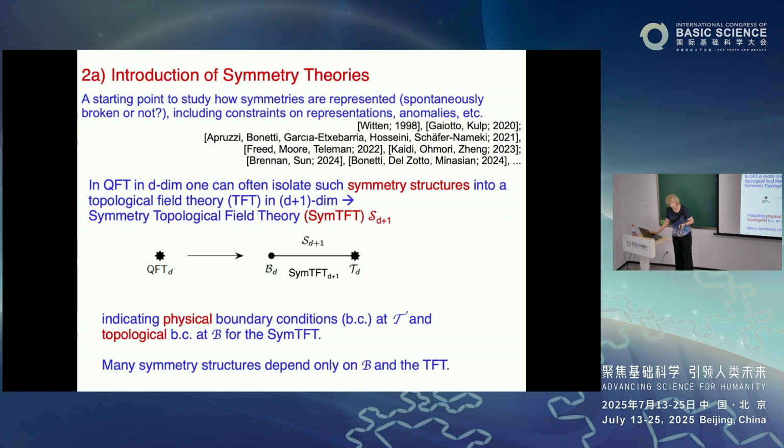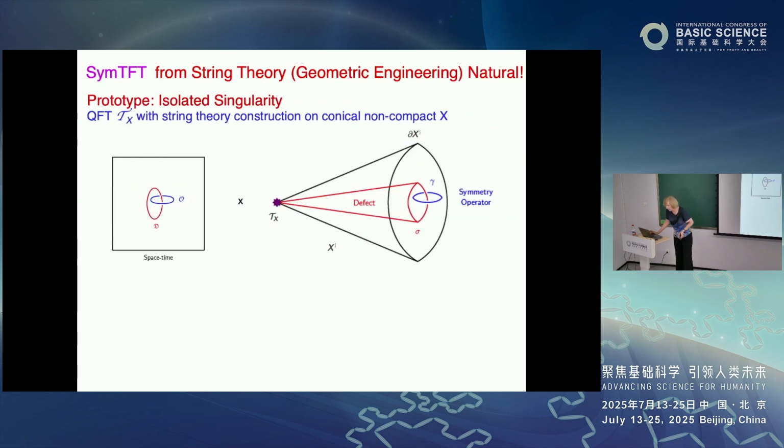In any case, we want to implement that now within geometric engineering, and the claim is, again, this is very natural. Introduction of SIM-TFT in geometric engineering is natural in the sense that, say, this example that I highlighted for defects and symmetry operators on a conical non-compact space with isolated singularity, okay? We obtain the additional direction of SIM-TFT precisely from this radial conical direction.